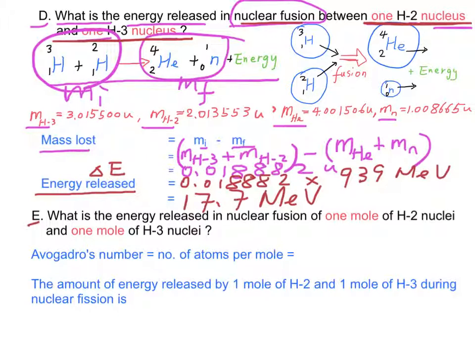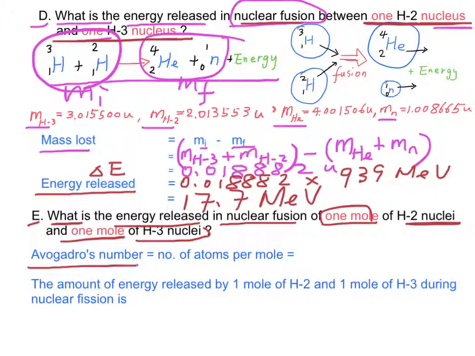Part E. Let's see what is the energy released in a nuclear fusion of 1 mole of hydrogen-2 nuclei and 1 mole of hydrogen-3 nuclei. The Avogadro number is equal to the number of atoms per mole, which is 6.02 times 10 to the power 23.